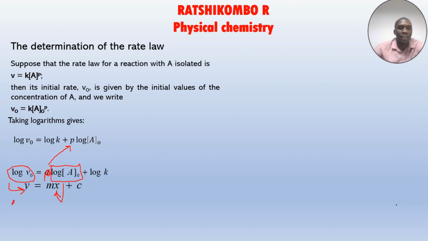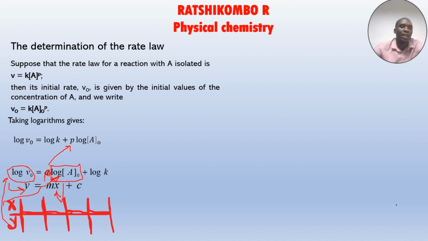If you were to plot a graph, we have our Cartesian plane ready like this. In the position of x, we are going to write log of A0. In the position of y, we are going to write log V0.